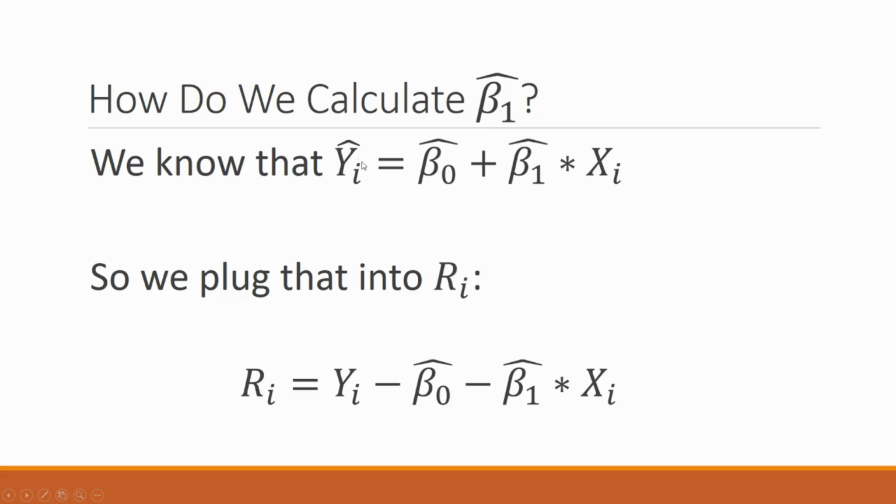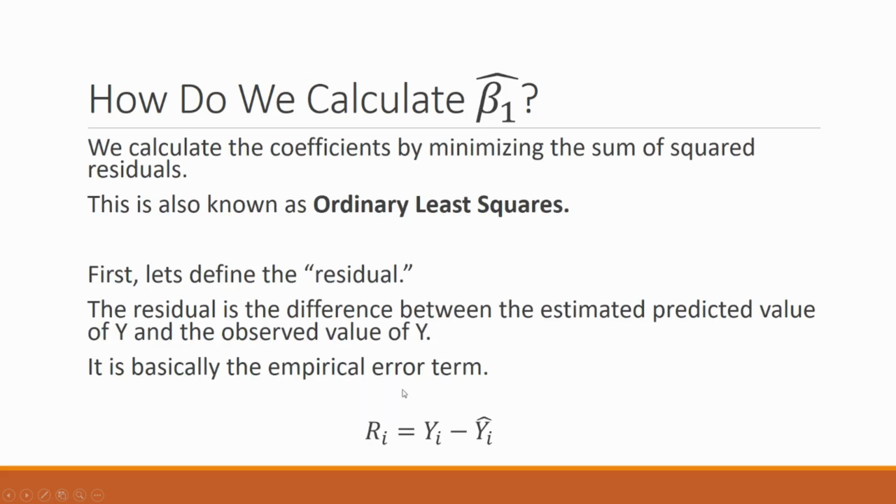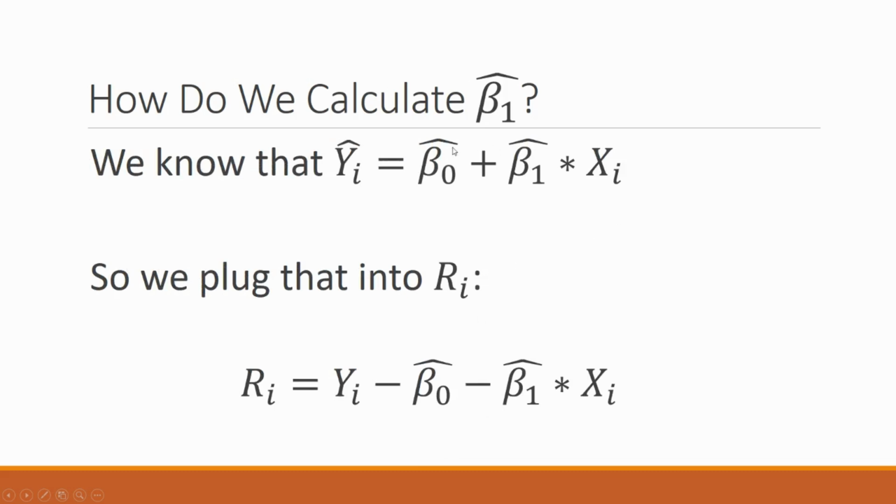Now, just to show the calculation, let's plug this expression into our expression for the residual. Remember, it's yi minus yi hat. We plug this in for yi hat, and now we have the residuals as a function of beta 0 hat and beta 1 hat.